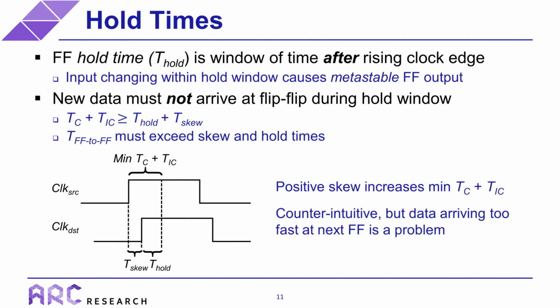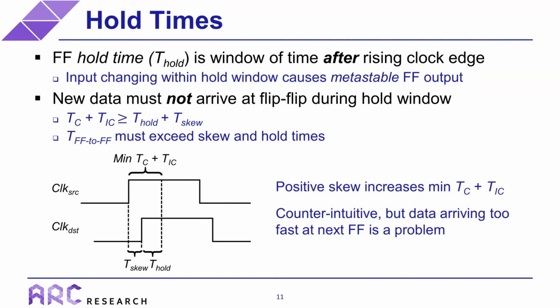Okay, on to another real complexity that we have to consider, which is hold times. Hold times are kind of the opposite of setup times. A flip-flop's hold time is a small window of time after the rising clock edge where the input to the flip-flop must not change, or the output will again become metastable.